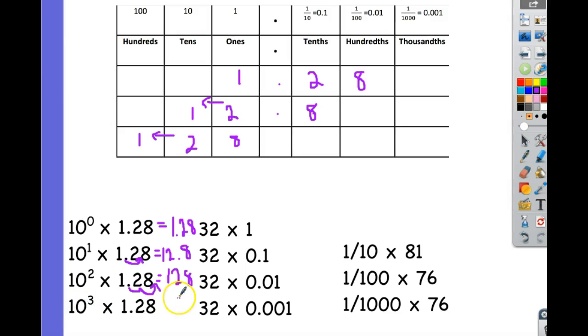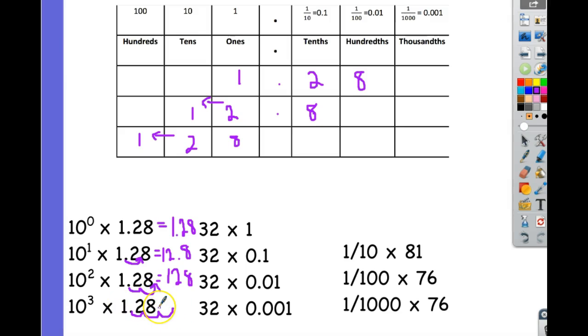The one other thing that you have to remember is, okay, so 10 cubed, think about it, 10 cubed is 1,000 times 1 and 28/100, hundredths, sorry, is going to be moving the decimal over 3 times. But we don't have a number here.